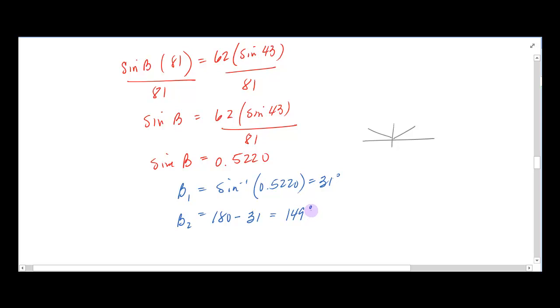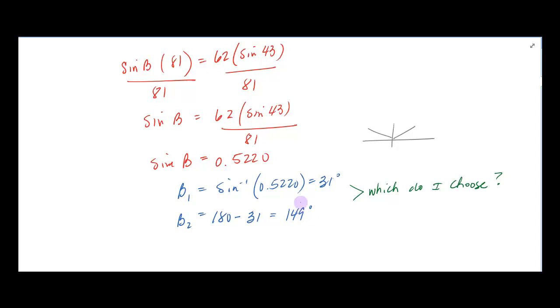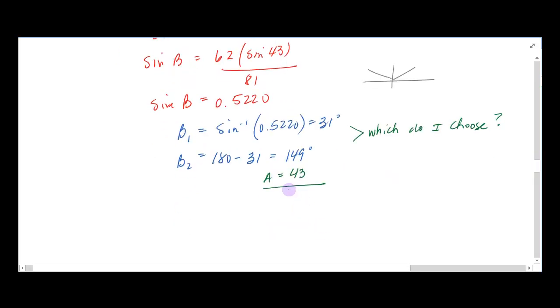But I need to know which one to choose. Let's look at the large angle that we have as a possibility right here. If I have a triangle that includes this angle B, equal to 149 degrees, I also already know that I have angle A, which is equal to 43 degrees. And the sum of these two angles is equal to 192 degrees already.